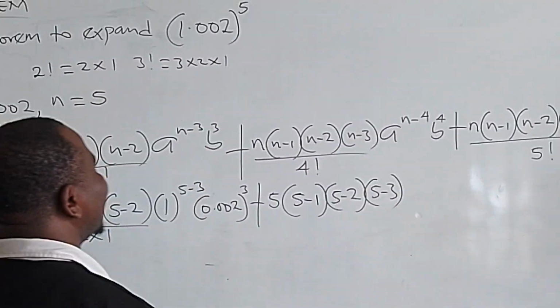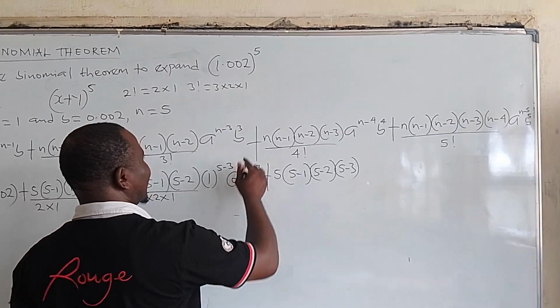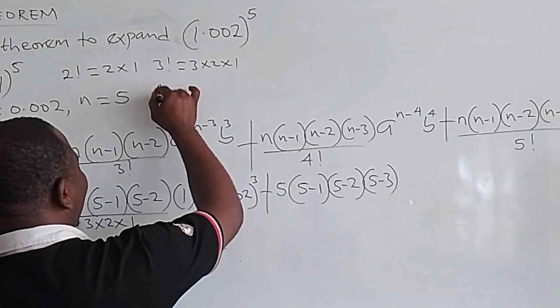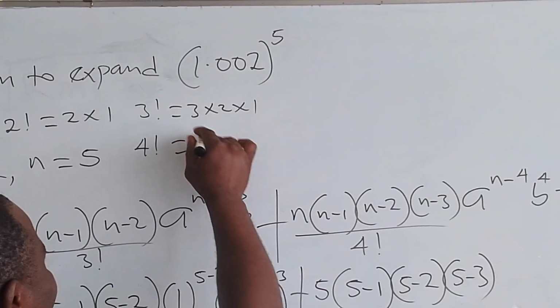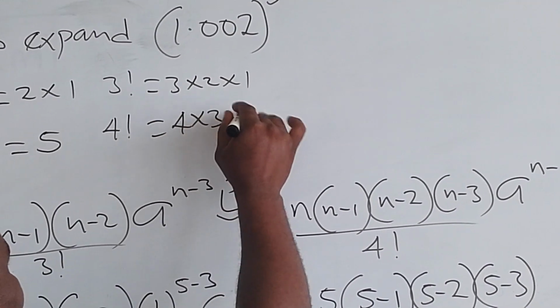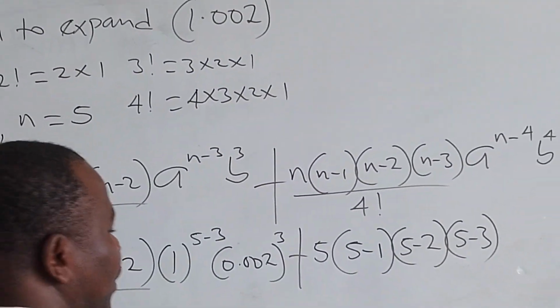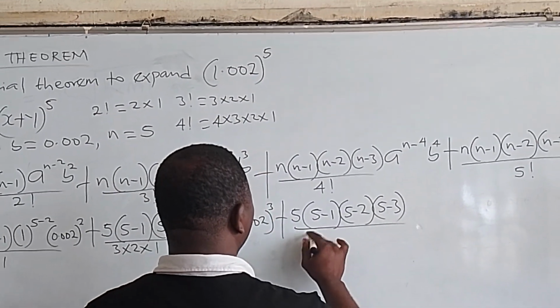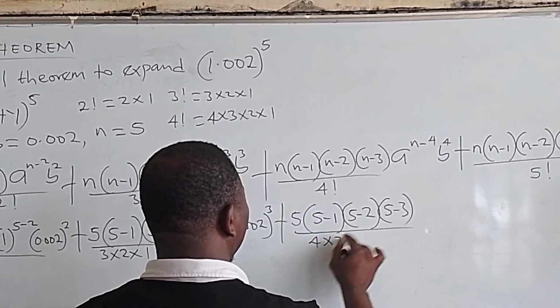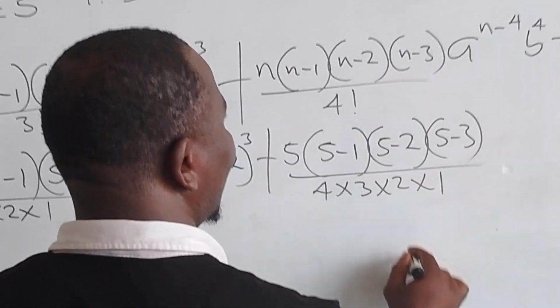True or false? Then don't forget that your 4 factorial is equal to 4 times 3 times 2 times 1. Please take note. So this is 4 times 3 times 2 times 1.